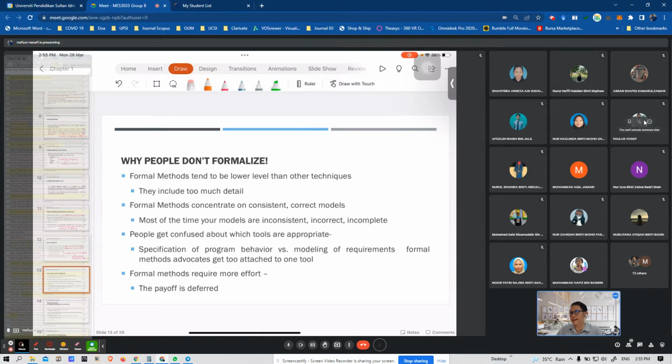That takes a lot of cost, and the payoff is considered deferred. Because of this, these methods are considered costly and unfeasible.